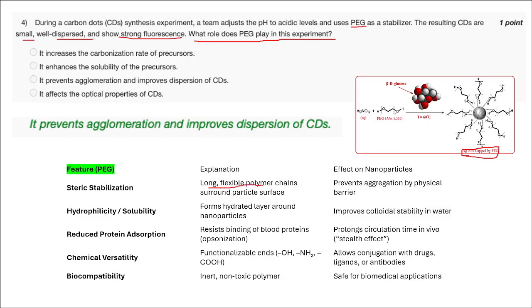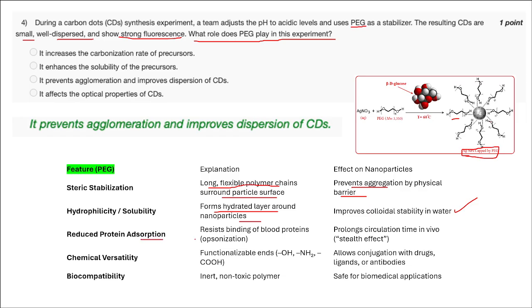Long flexible polymer chains, as you can see, surround the particle surface, which prevents aggregation by physical barrier. So steric barriers are there because of these long polymer chains of PEG. Then it forms a hydrated layer around nanoparticles, which also improves the colloidal stability of these nanoparticles in water.